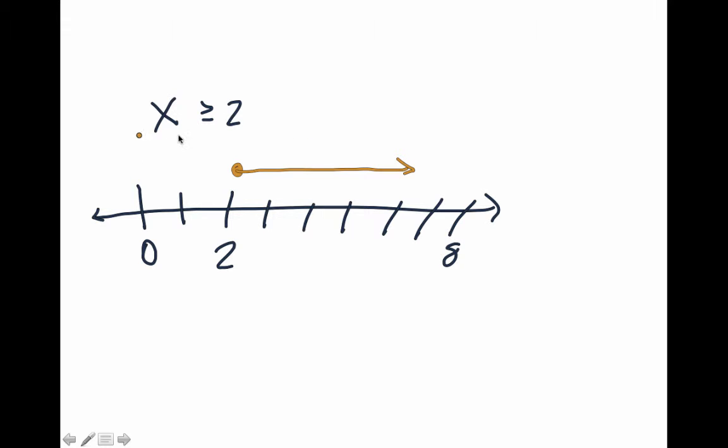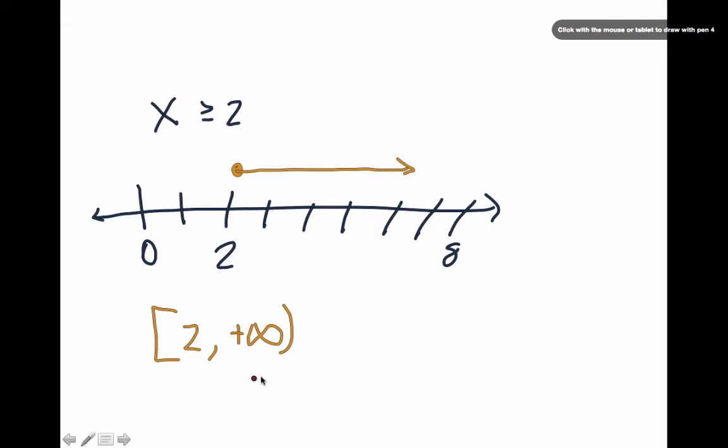This is called set builder notation. This is called interval notation. It starts at 2, and it goes forever towards positive infinity. This is how we use interval notation. This is an interval.